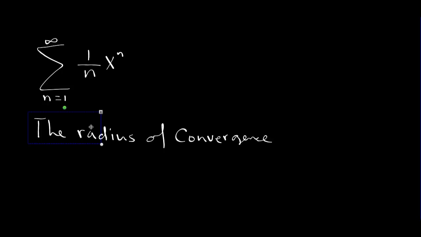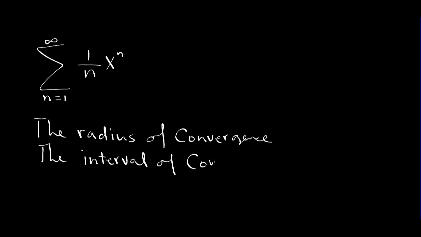Those are the two things that we're interested in, the interval of convergence. Those are the two things that we want to look at. And here's the way we're going to proceed.